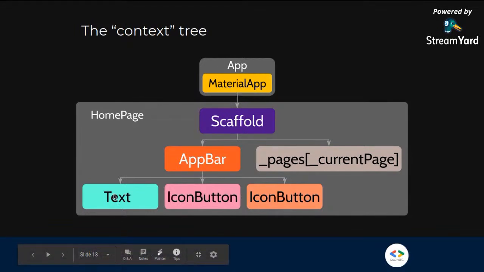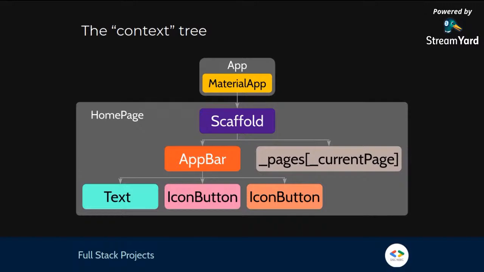Now as we have discussed, context represents the widget that is above the current widget. So in this case, if we use context over this icon button, we get the reference to this app widget which is situated above this homepage widget. Flutter cannot find any scaffold in this app widget, so it is giving us an error.